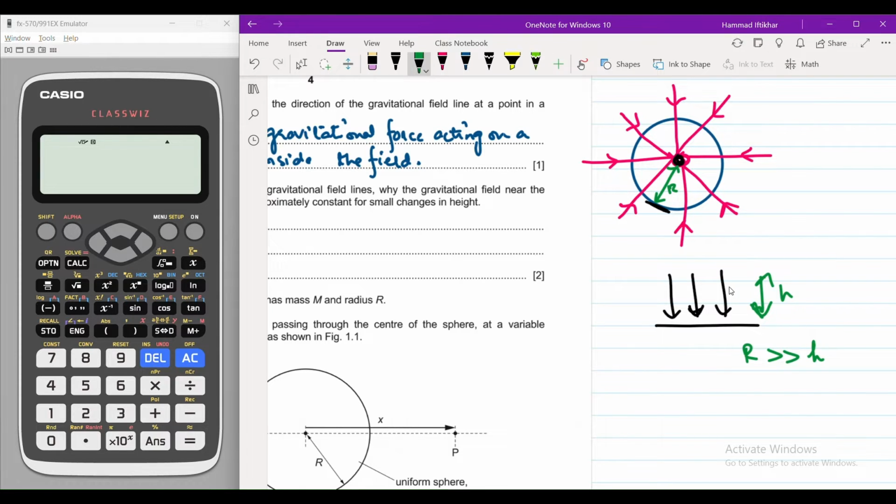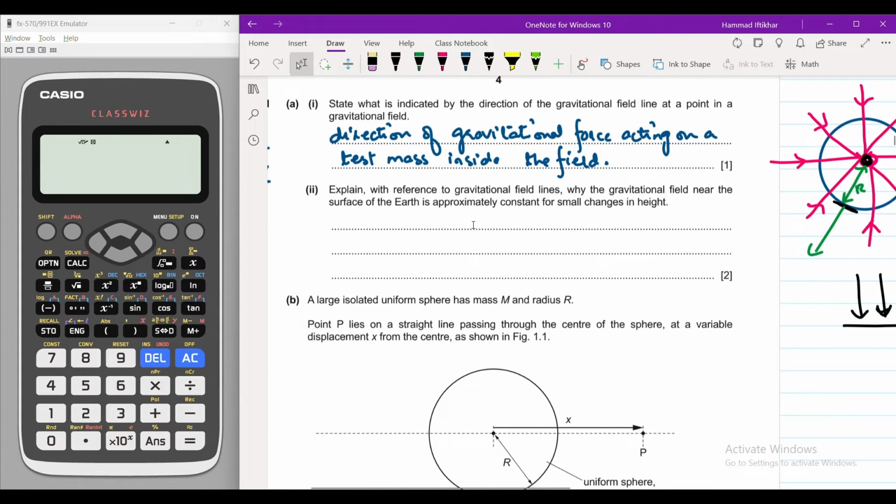If we go a significant fraction of the radius of the planet upwards or outwards, then we will definitely see a significant change in gravitational field strength.